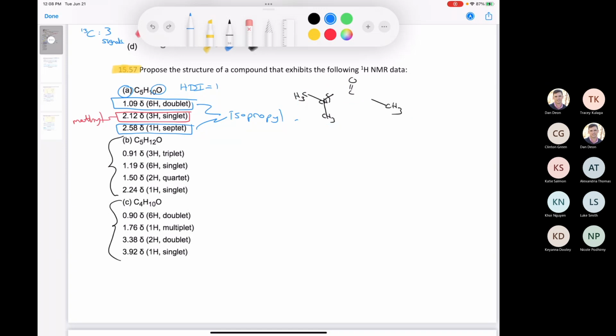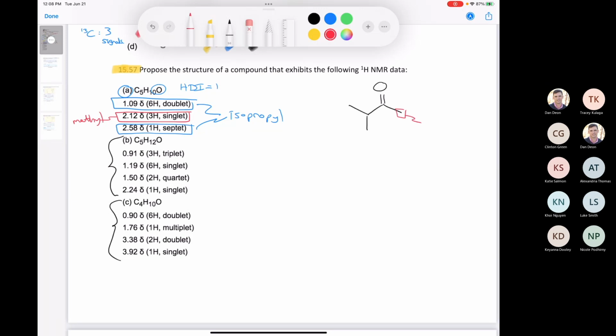So the only way that we could put those pieces together, I'm just going to redraw it here, would be to make a ketone where we have our carbonyl like this. We have the methyl group on one side, and then we have the isopropyl group on the other side. Now let's ask ourselves, does this make sense? The first thing we're going to do is estimate the chemical shift of this methyl.